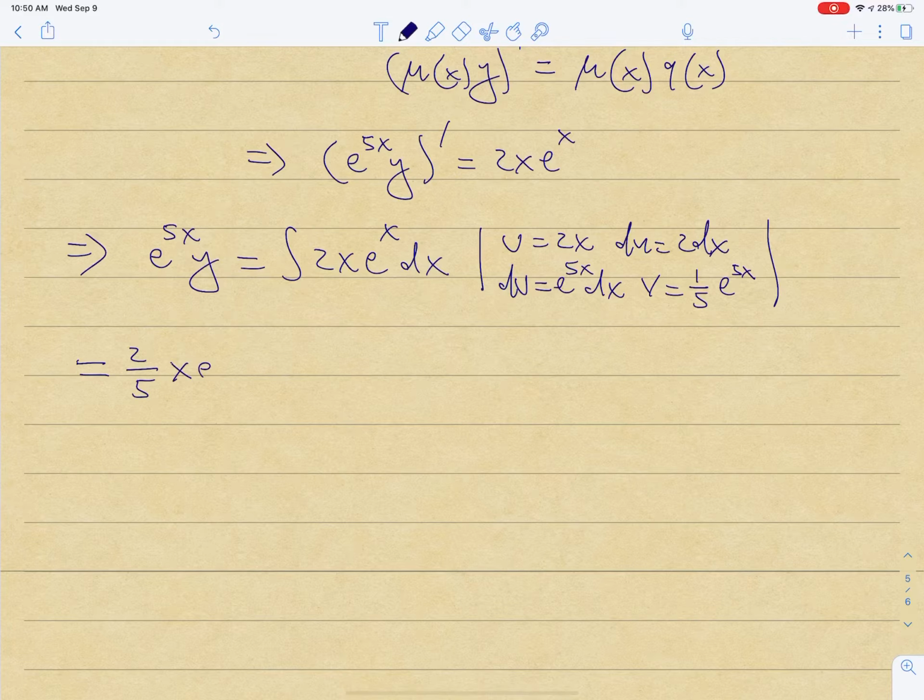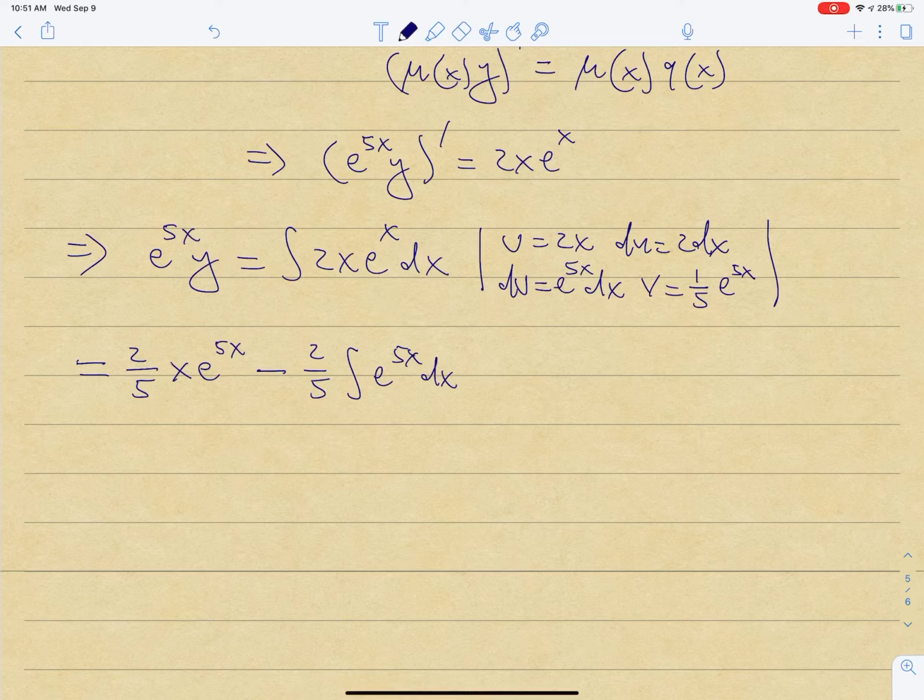x e to the 5x, minus the integral of v du, so minus 1/5 integral of 2 e to the 5x, actually it's 2/5 e to the 5x dx.